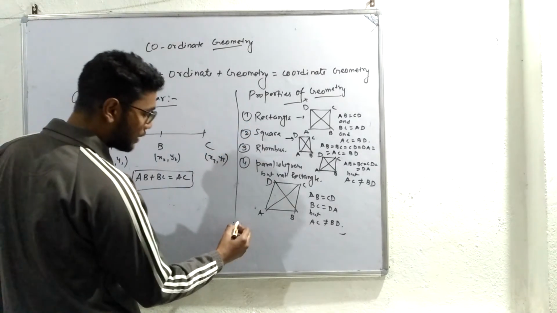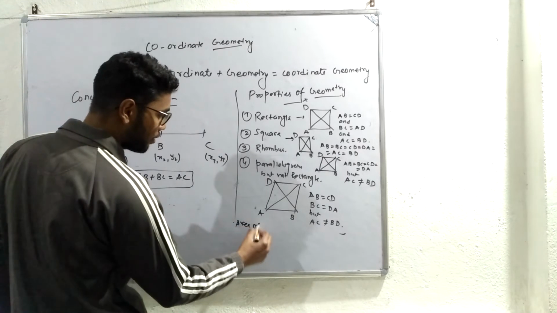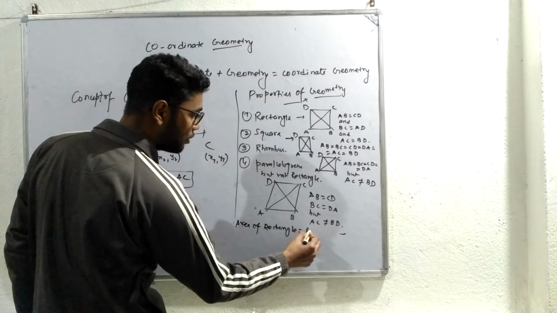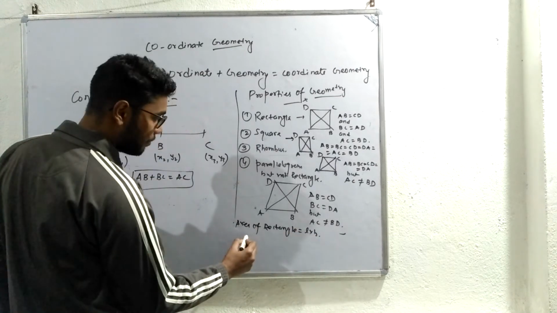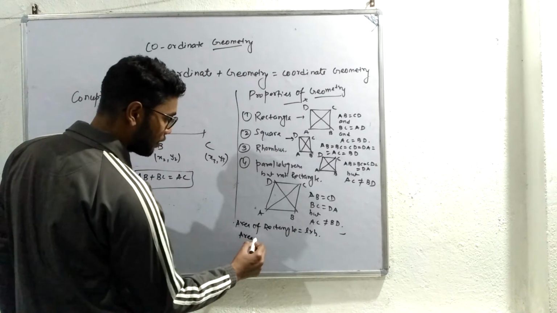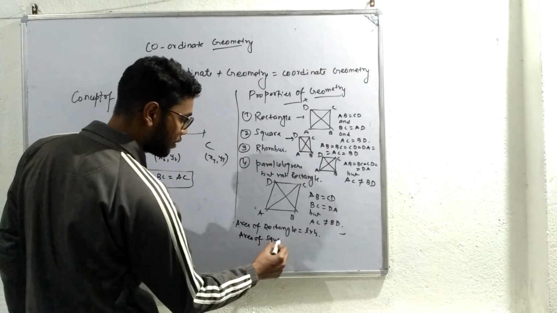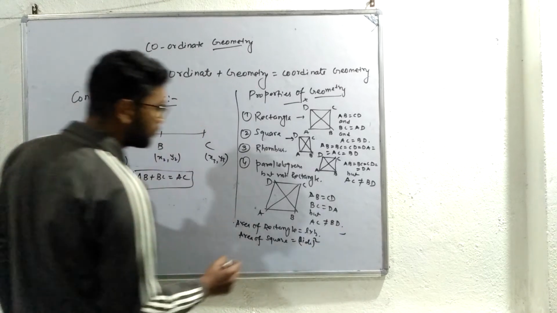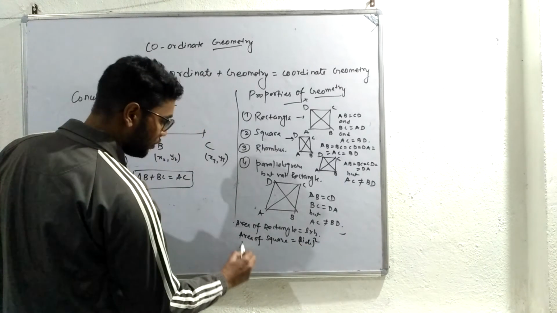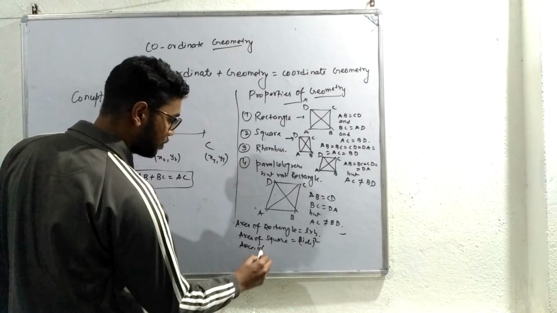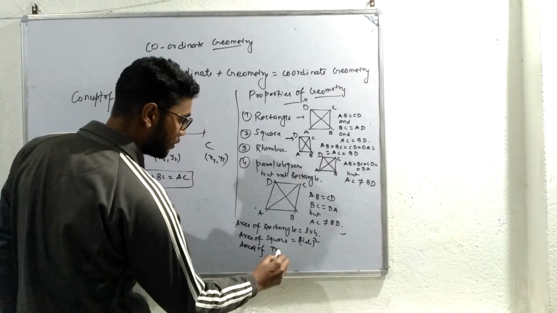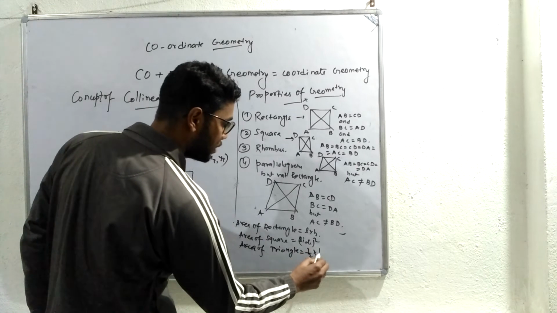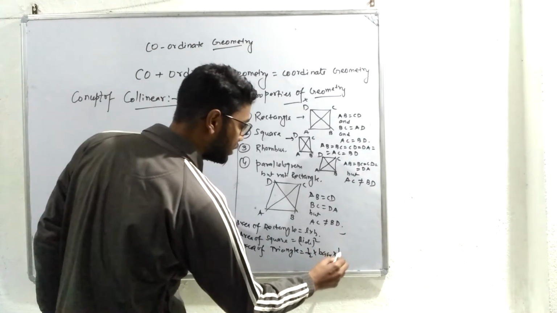We know that the area of a rectangle is equal to length into breadth. Similarly the area of a square is side square. The area of a triangle is 1/2 into base into height.